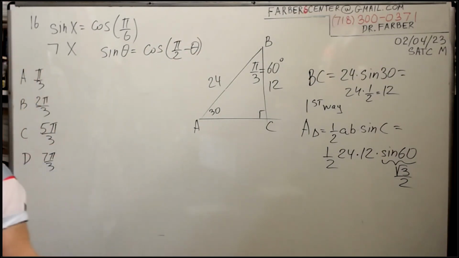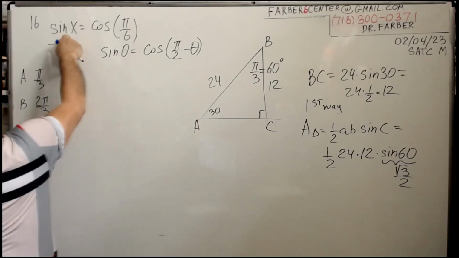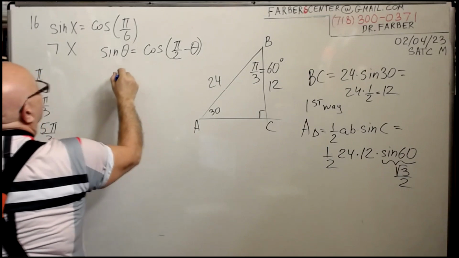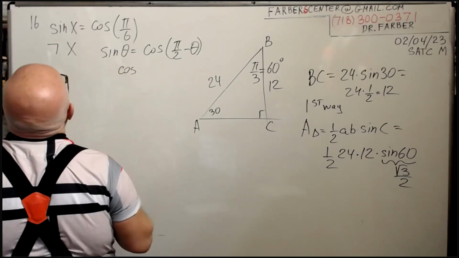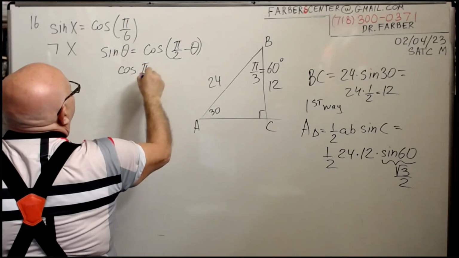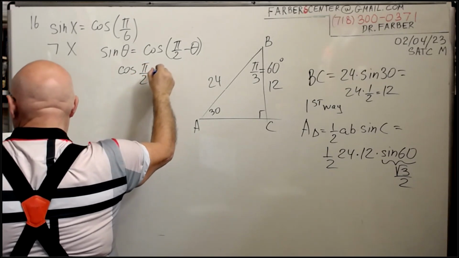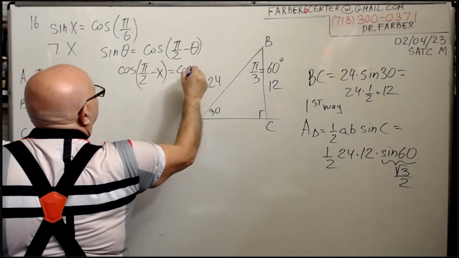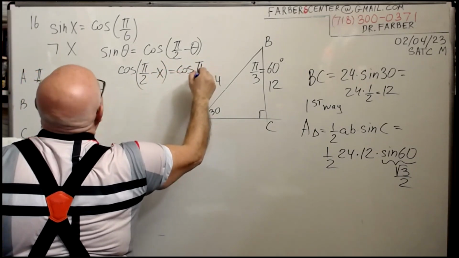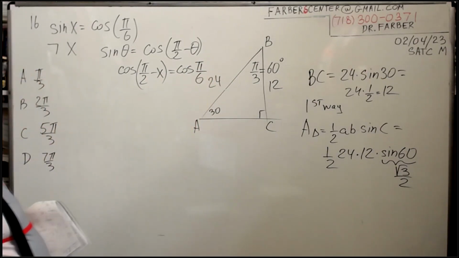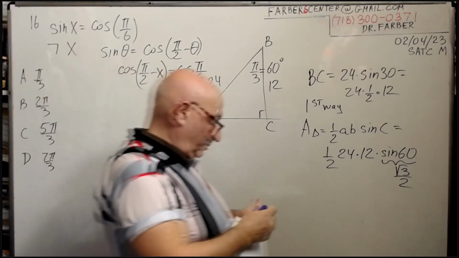So you can use it, instead of this, I can write cosine here, cosine of pi over 2 minus x equals to cosine of pi over 6. Beautiful. Left and right part, we have the same function.